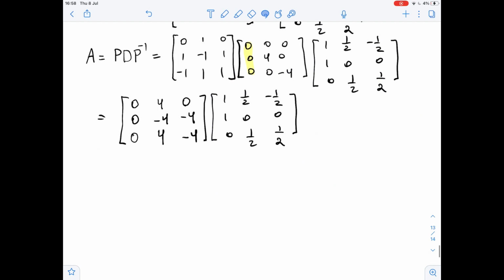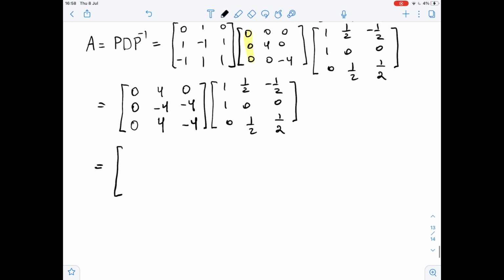So this equals 0 times 1 plus 4 times 1 plus 0 times 0, so here we have 4. Then 0 times negative 2 plus 0 times 1 over 2 plus 4 times 0 plus 0 times 1 over 2, so it's 0. Next, 0 times negative 1 over 2 plus 4 times 0 plus 0 times 1 over 2 is 0.